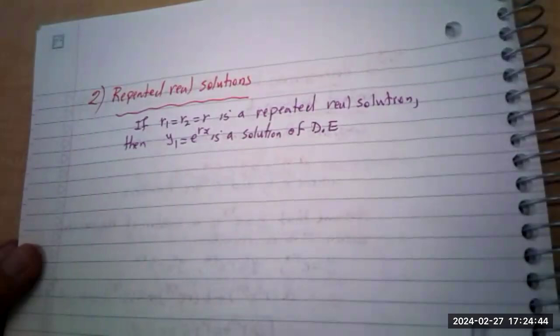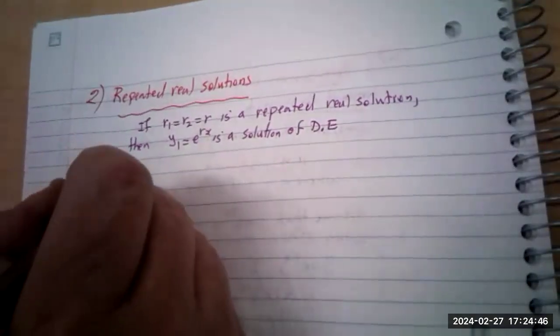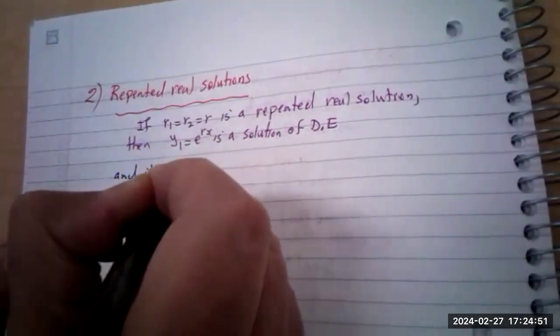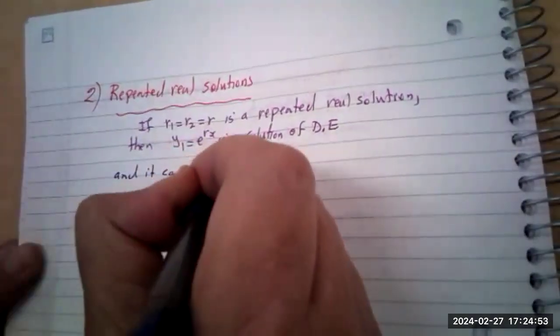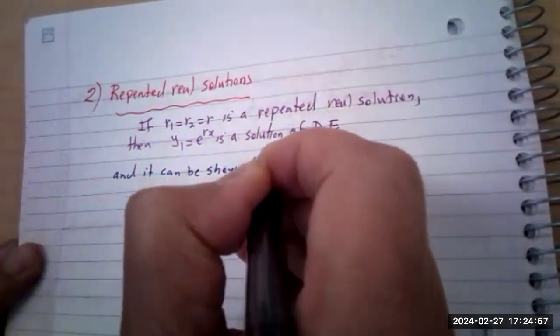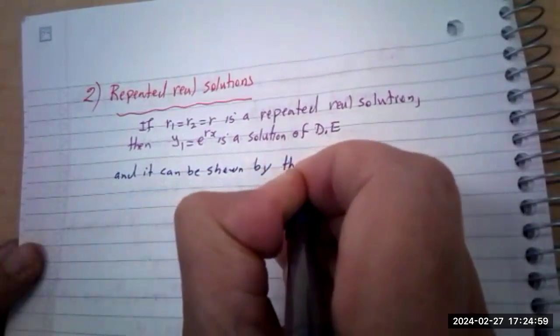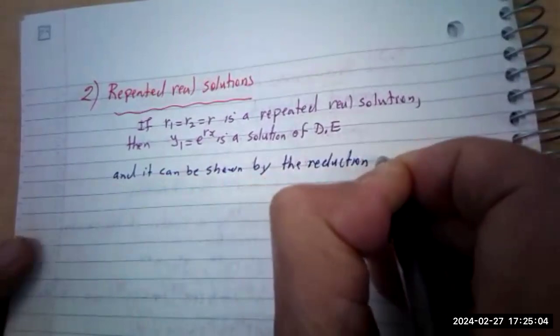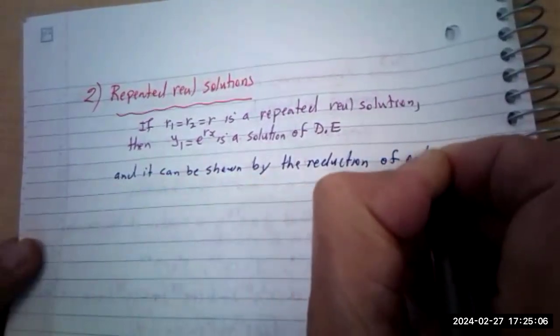And we can use the method that I talked about, it can be shown, if you like, or proved by the reduction of order method, which is the one that we talked about today.